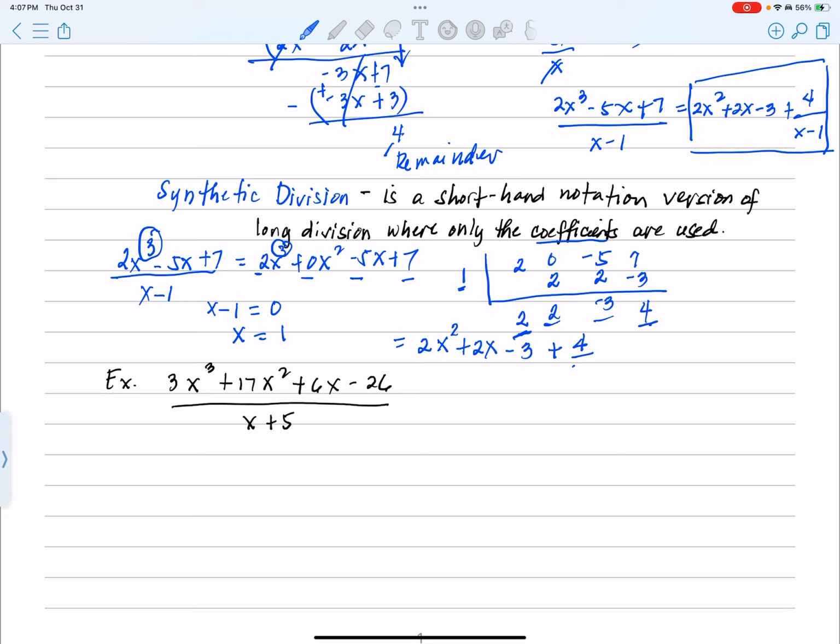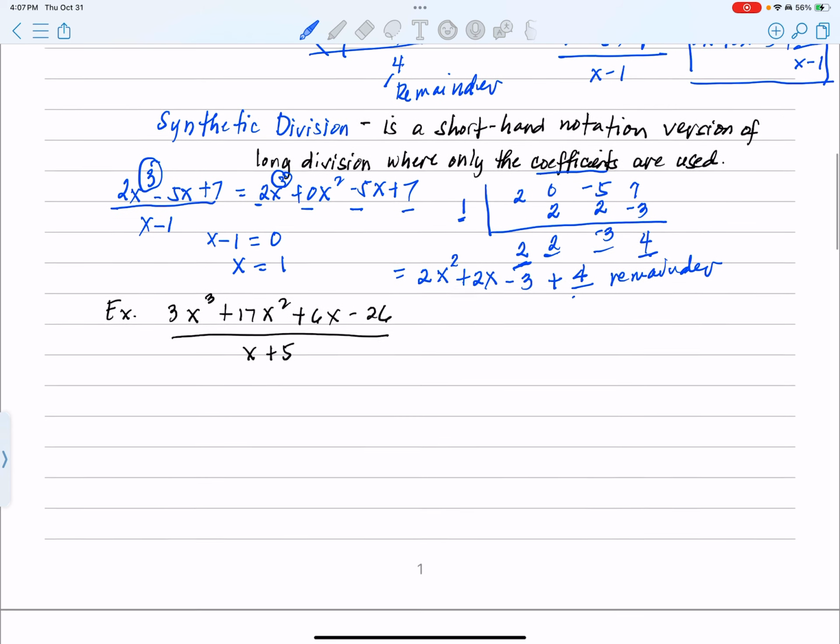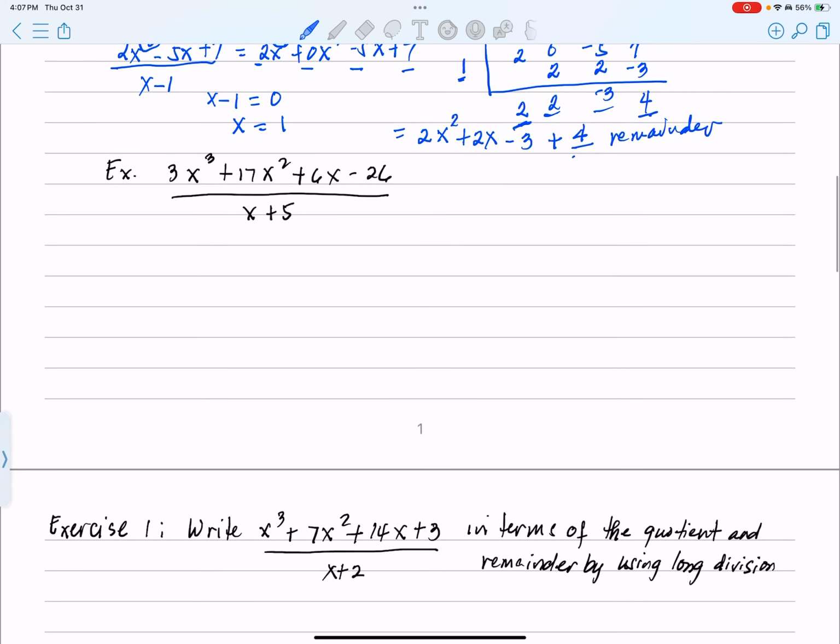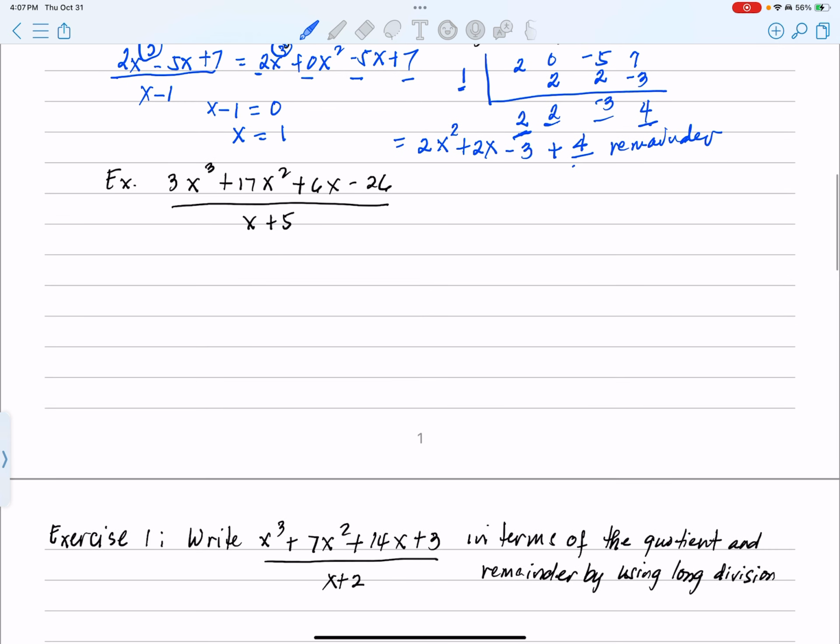Or you could say 4 is the remainder. All right. That is how it should be. Okay, let's do a comparison of the two this time.